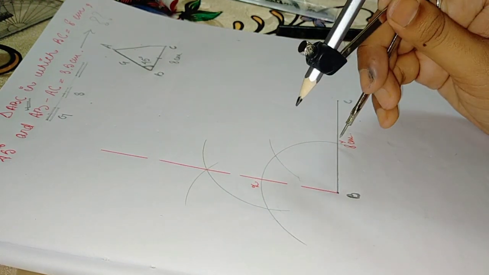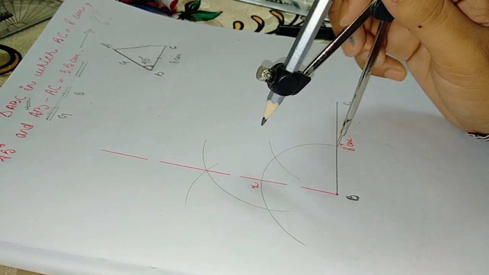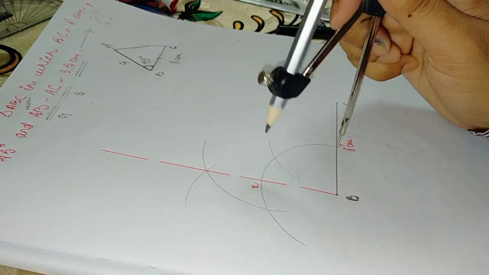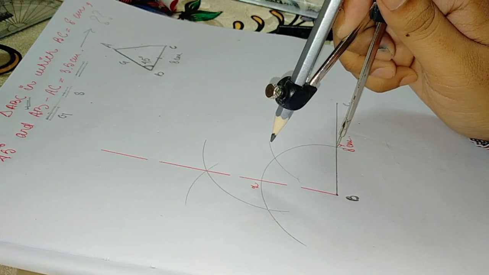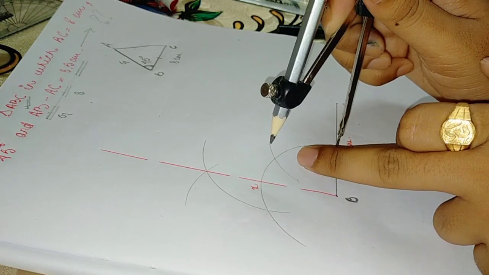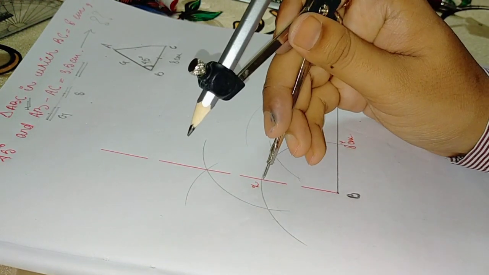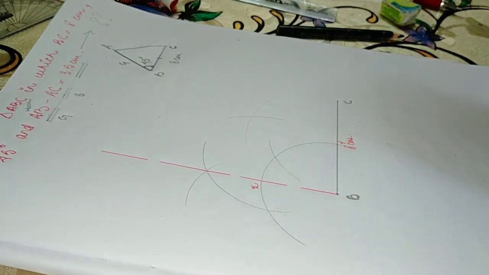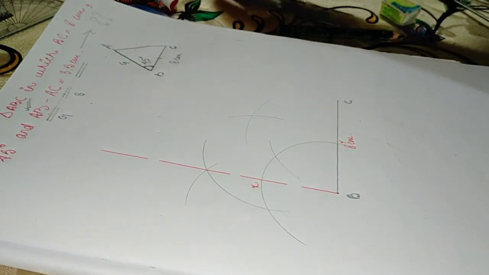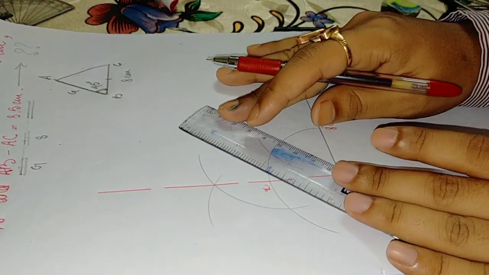Now taking y and x as centers, and the radius should be more than half of the distance between x and y, I am going to draw arcs which should cut each other at a definite point, and that point will help us to get 45-degree angle, is it not? We have done that.